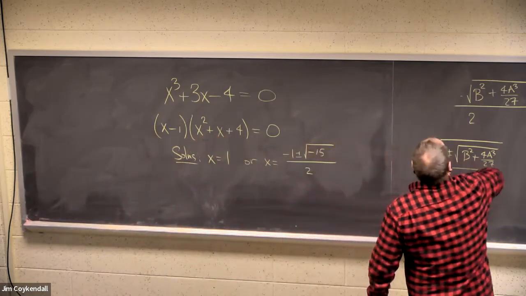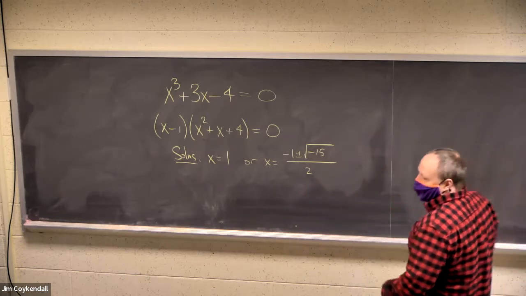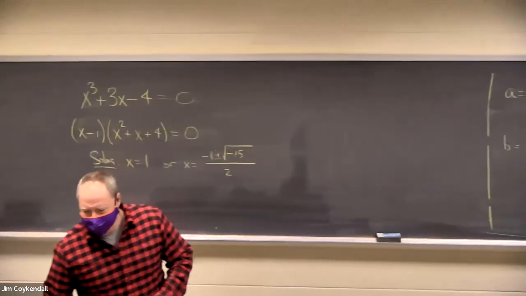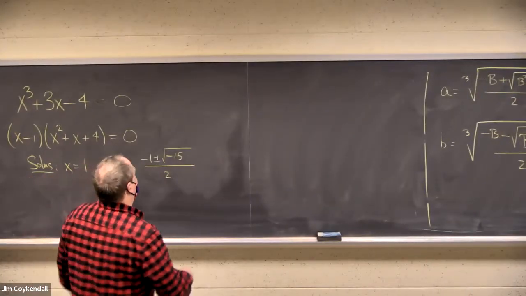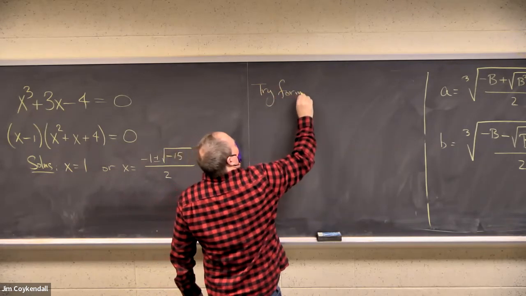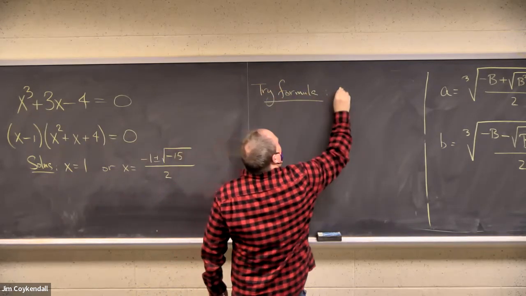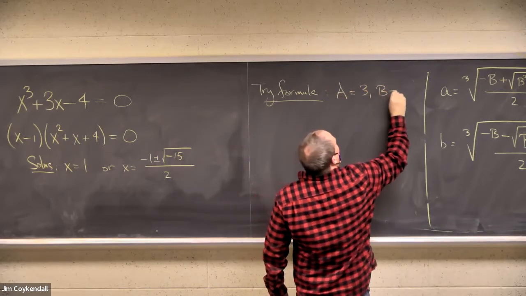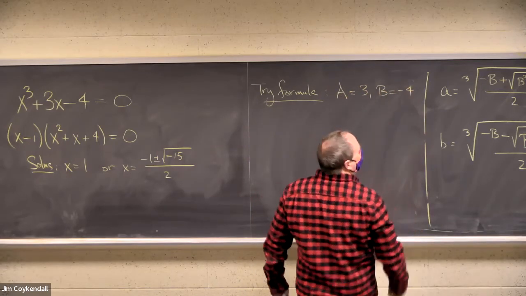masochist. So in this case, A is equal to 3 and B is equal to -4.